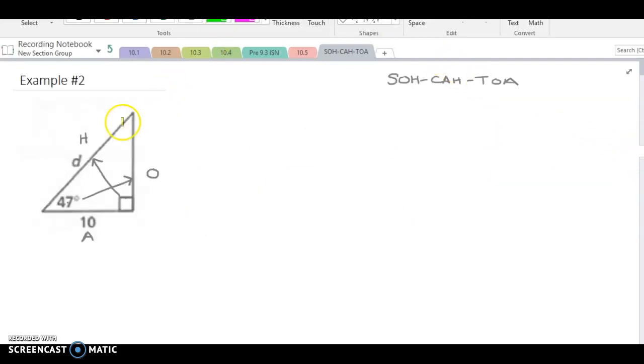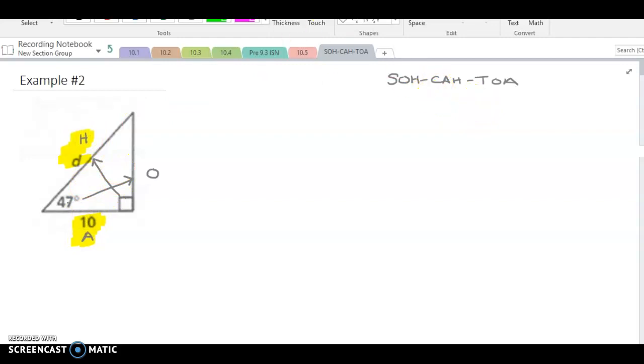So I'm going to go ahead and highlight. I want to know my hypotenuse, and I know my adjacent. I don't care about the opposite side. I don't have it, I don't want to know it, it doesn't matter. So right now I'm dealing with a hypotenuse and adjacent.